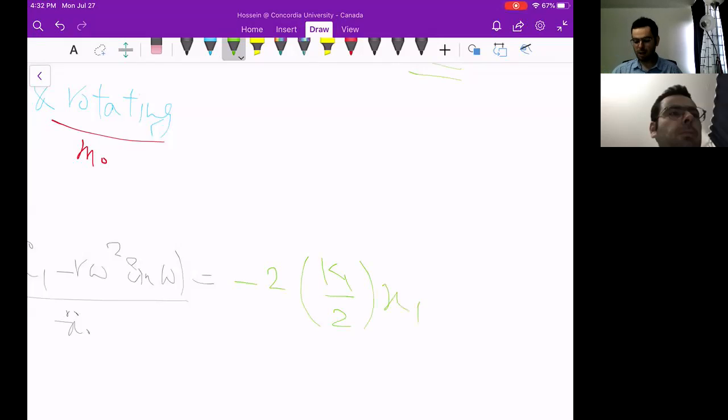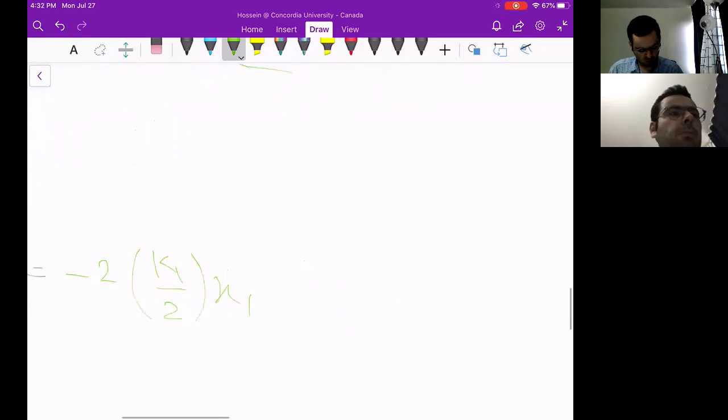Also we have the absorber mass and k2, so you have to write minus k2 times x1 minus x2, because the spring k2 is connected between mass 2 and mass 1.